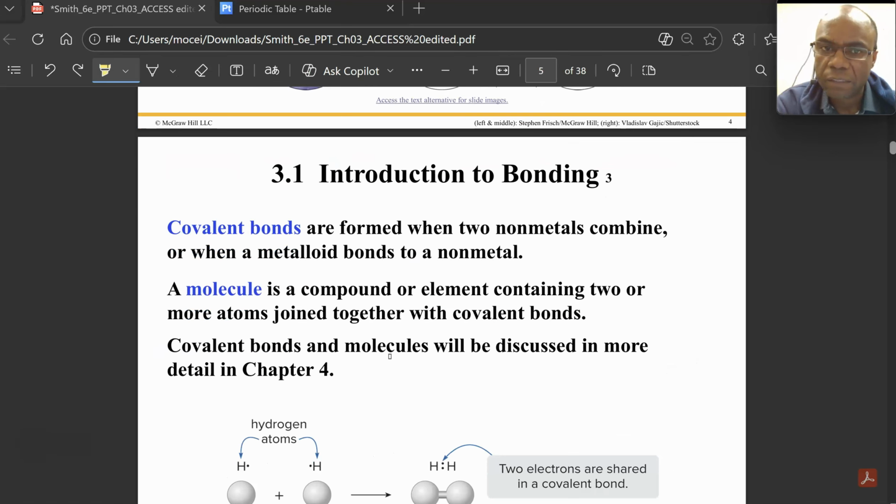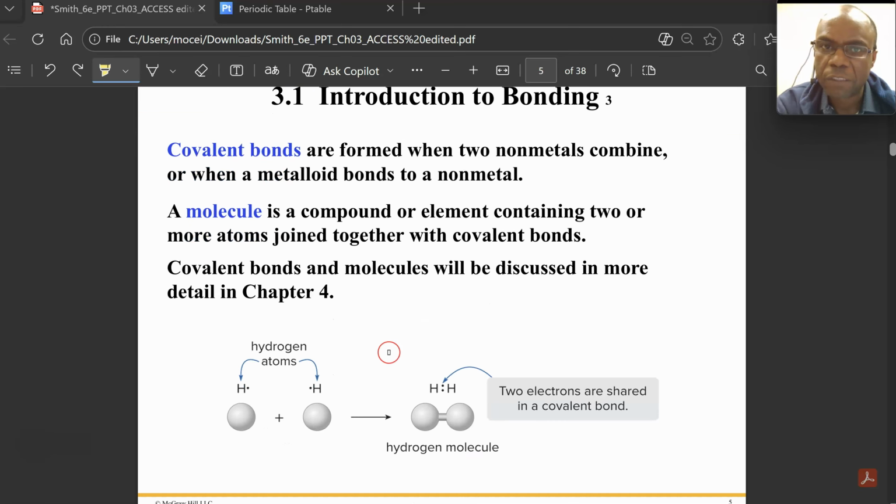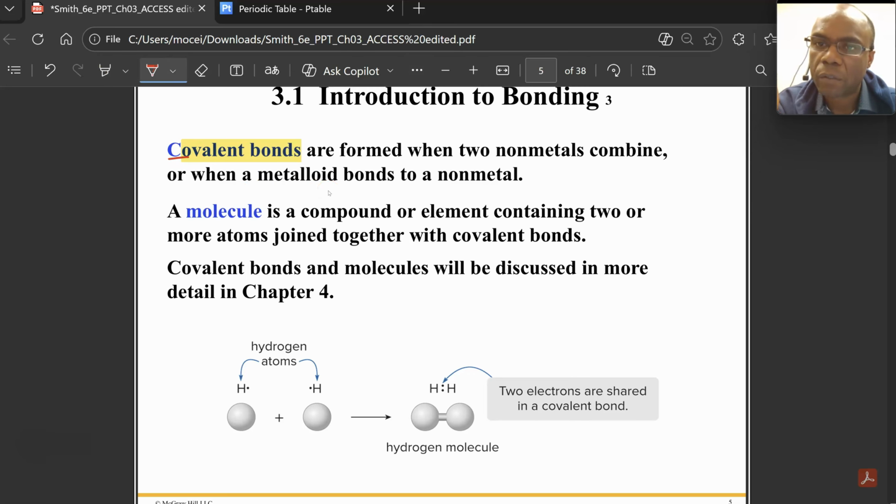Now let us introduce the covalent bonds, then we can look at some examples. Covalent. When you see the prefix co, that means there's an association, like colleague, two individuals doing something together. So covalent bonds are formed when two nonmetals combine, and they combine by sharing.